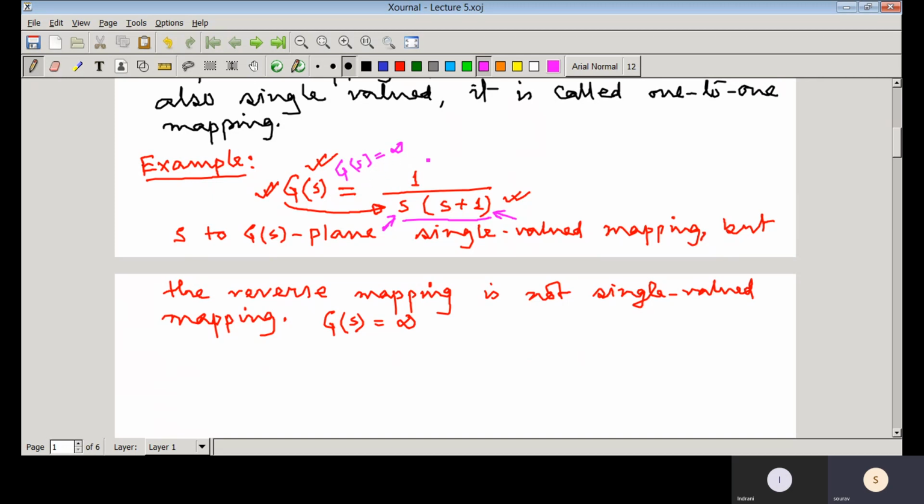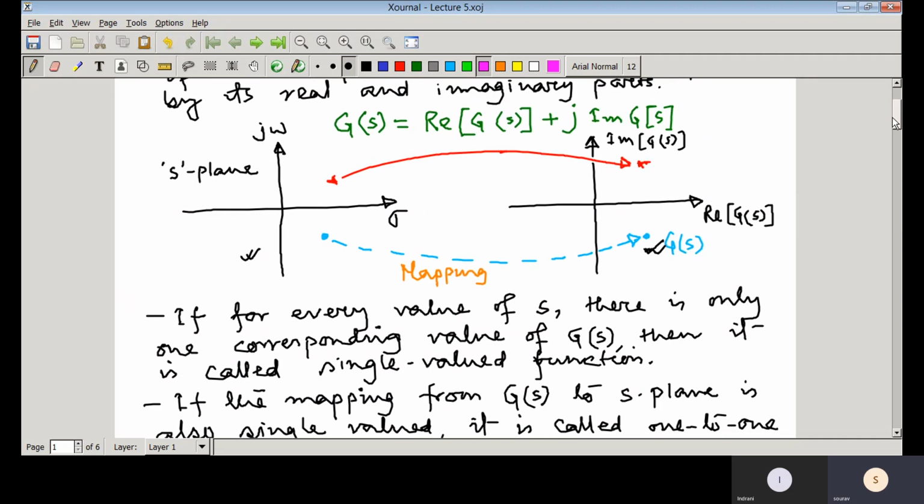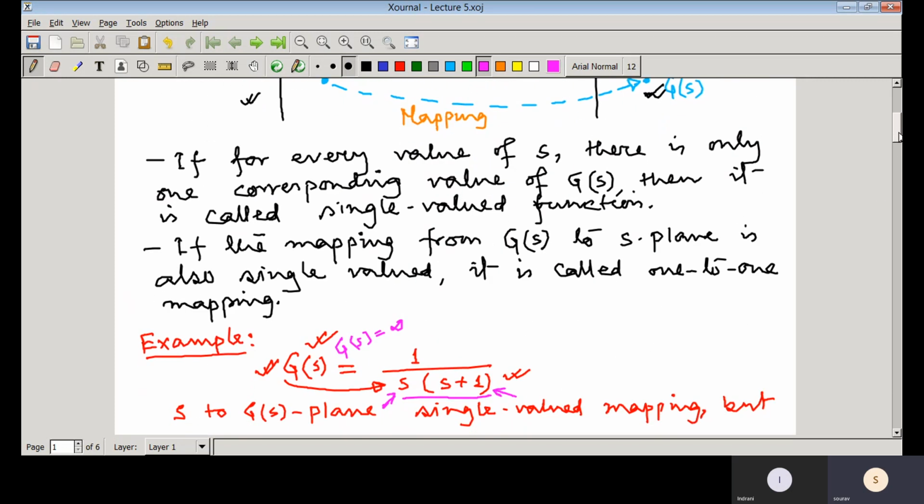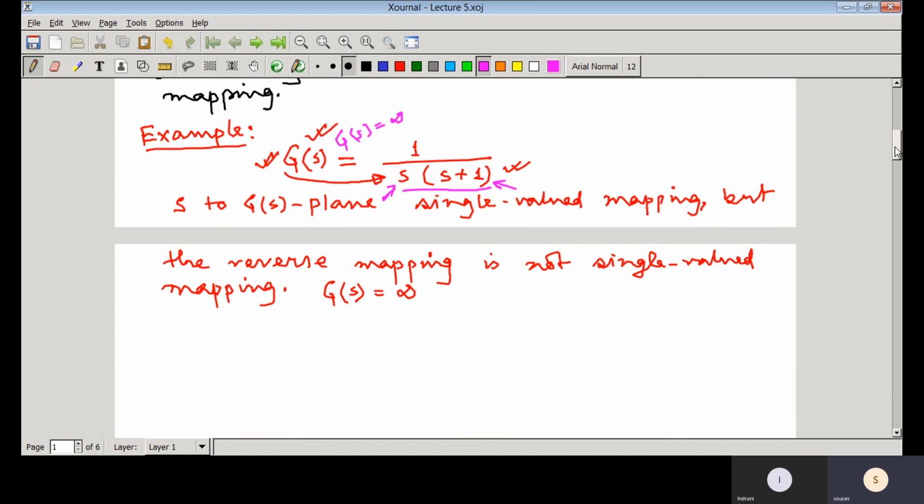That means this infinite point in the G(s) plane is mapped to two points, the 0 point and the -1 point. As infinity is mapped to two points, 0 and -1, it is not a single valued function.